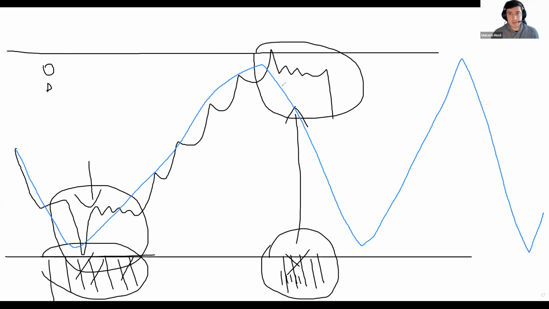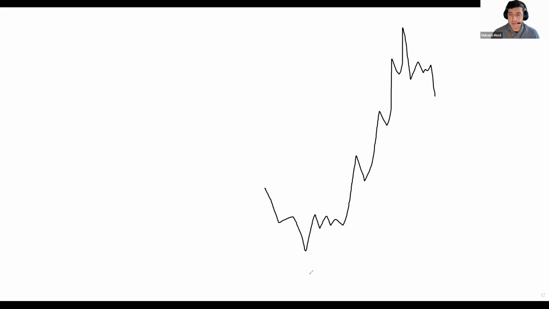Yes, that's a possibility. Or it could also mean that on the higher time frame, this is still part of, let me draw it properly. Let's say you have this, and there is high volume at the bottom, high volume at the top. Then you ask, could it be a big range on a higher time frame?